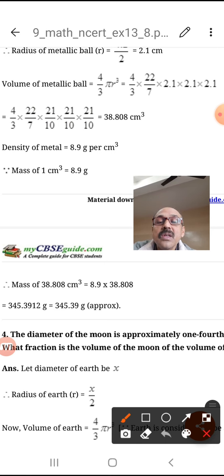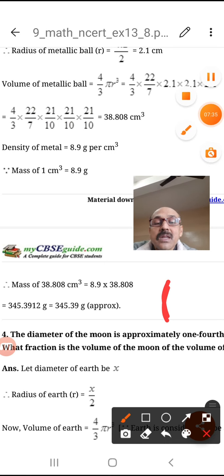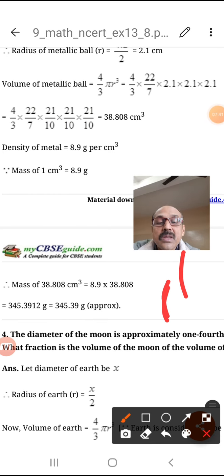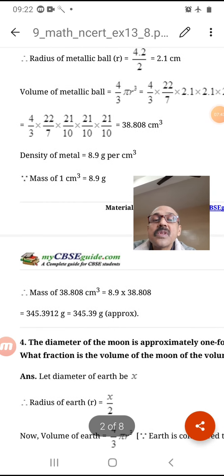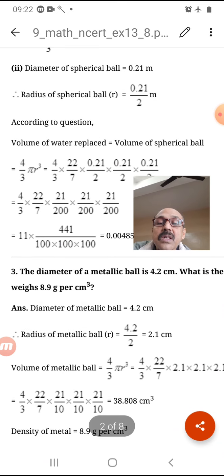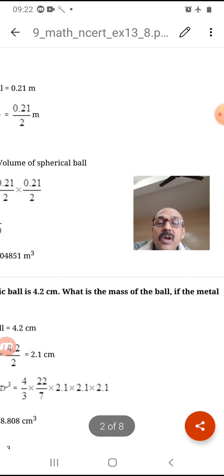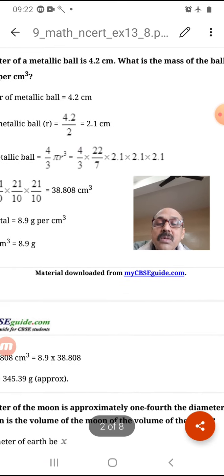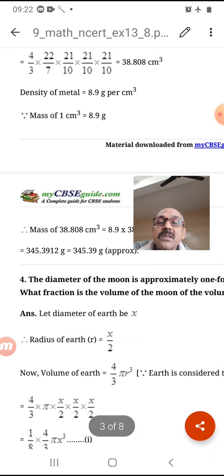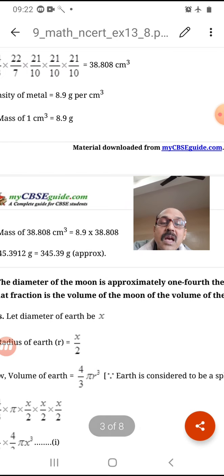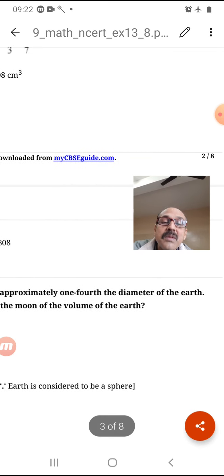So this is the weight of the ball. Now next question is question number 4. The diameter of the moon is approximately 1/4 the diameter of the earth.